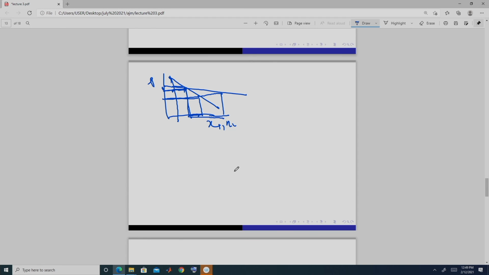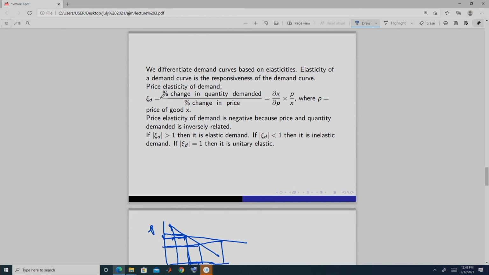We calculate it as percentage change in quantity demanded divided by percentage change in price.